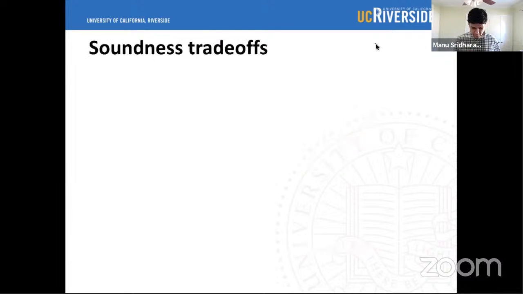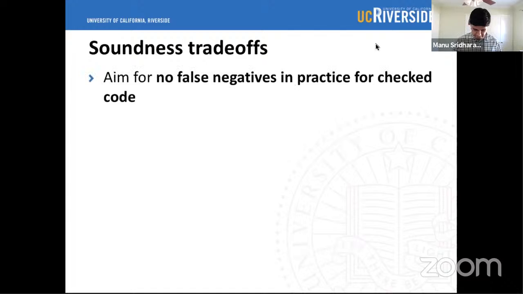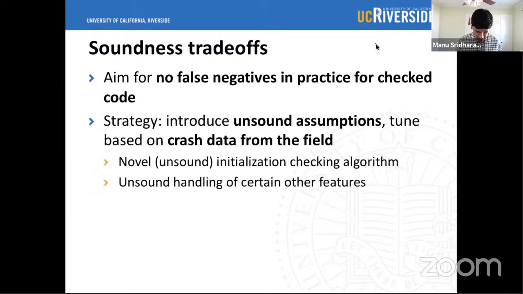So one of the main techniques that we used to achieve these goals was making various trade-offs in terms of how sound we wanted the tool to be. So a nice way to phrase what our high-level goal was: we wanted to have no false positives in practice for checked code. And let me talk a little bit more about what I mean there.